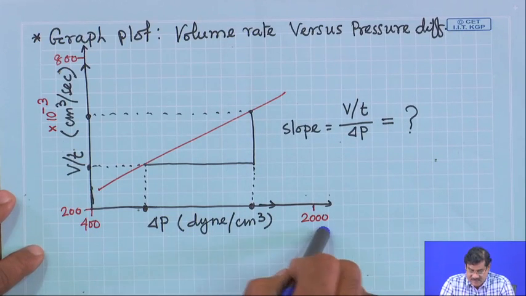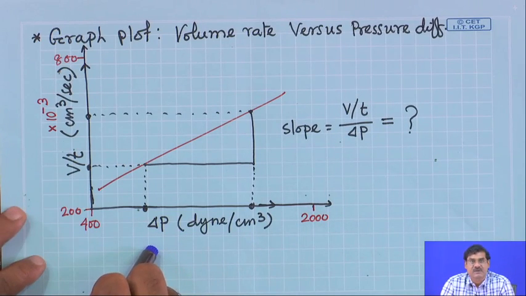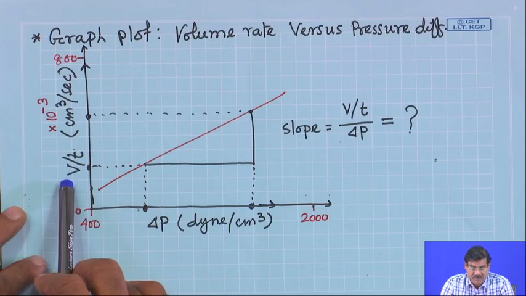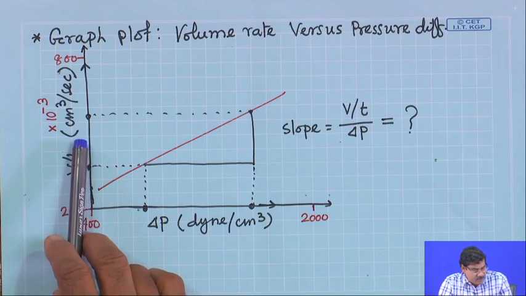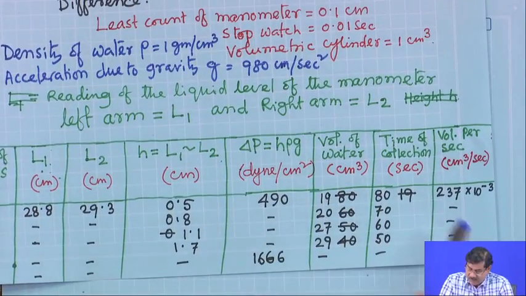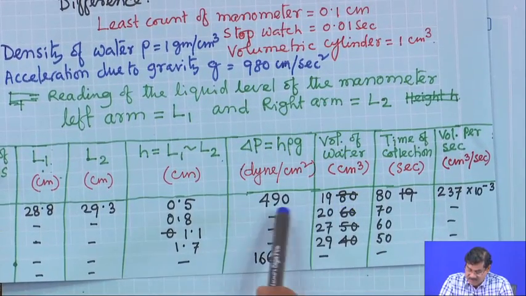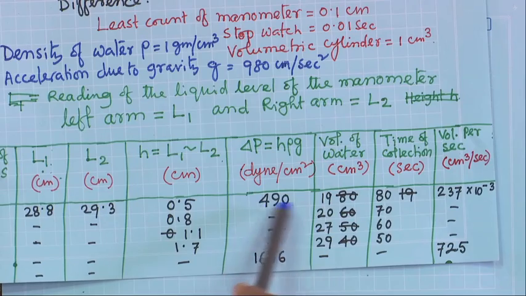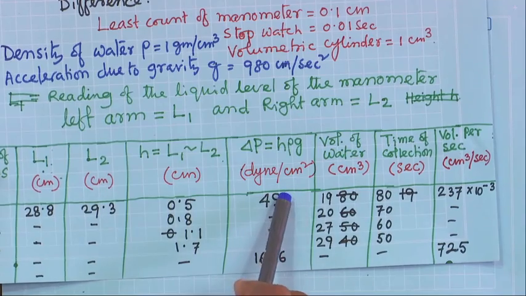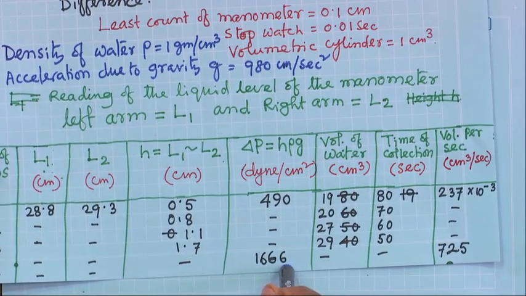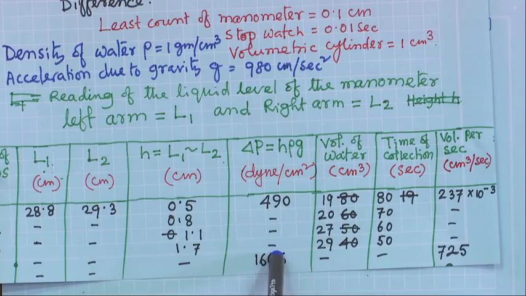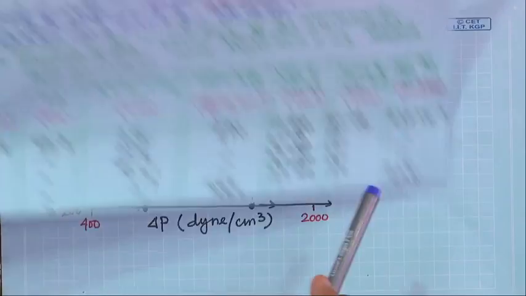On the x axis I have taken pressure difference, and on the y axis V by T. Look at the data: on the x axis the pressure difference goes from 490 to 1666. This is the lowest value and this is the highest value, so depending on that, one should choose the scale of this axis.